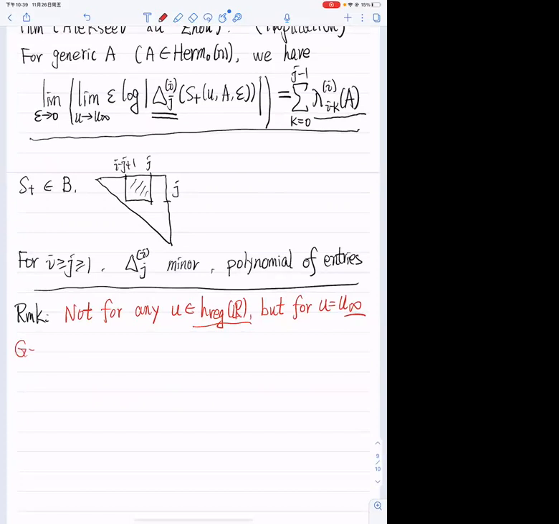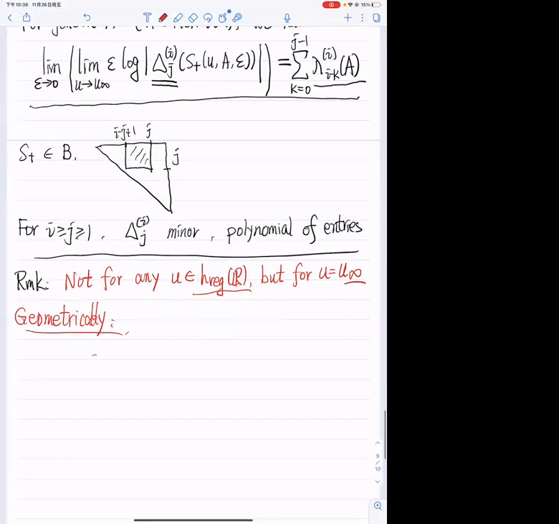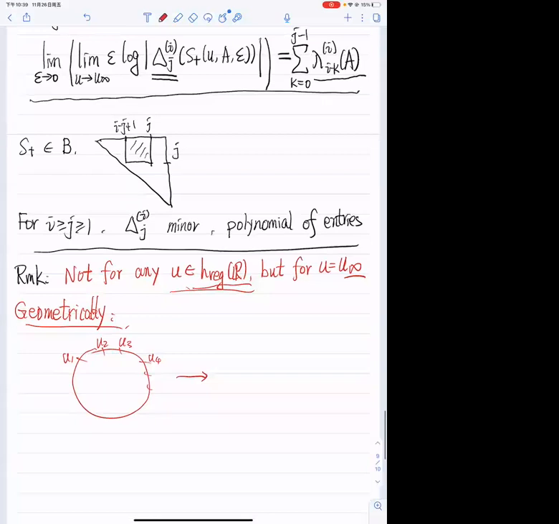So geometrically, what we did: if we consider each of these marked points U1, U2, of course you can reorder them, this is a configuration of points on the real line, and it has a compactification by adding all these nodal curves.